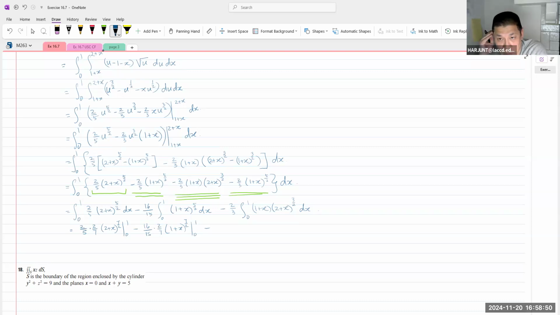I honestly don't know how to integrate. Actually, not that bad. Okay, so 2 over 3 integral from 0 to 1 of 2 plus x to the power of 3 halves dx, and then minus 2/3 integral from 0 to 1 of x times 2 plus x to the power of 3 halves dx.